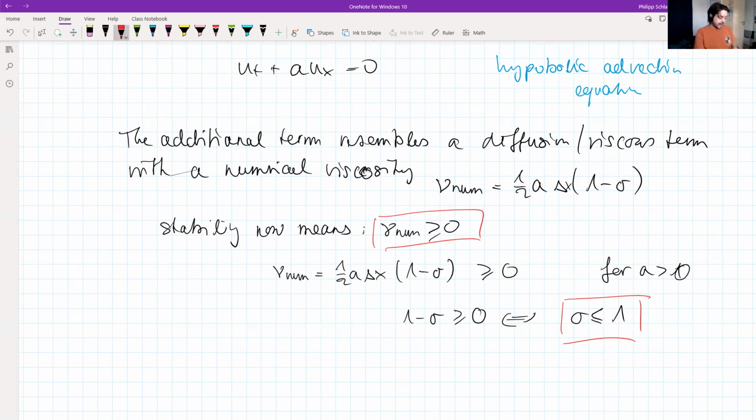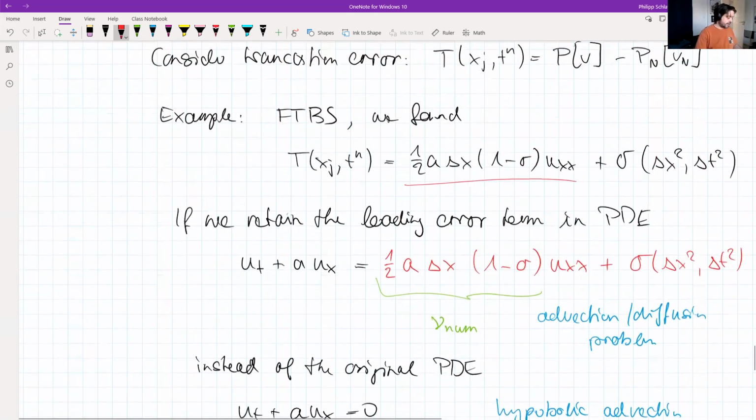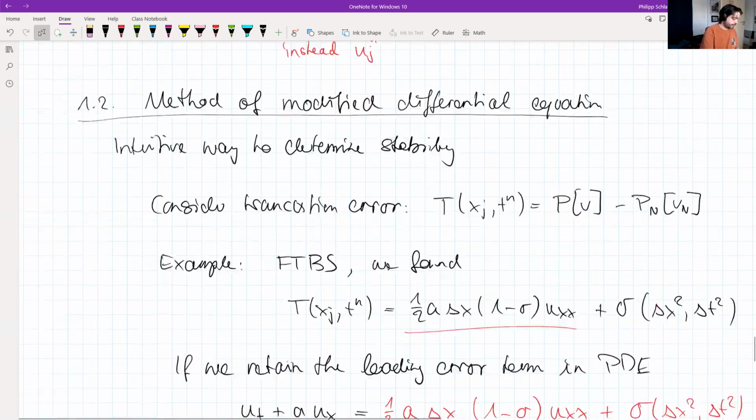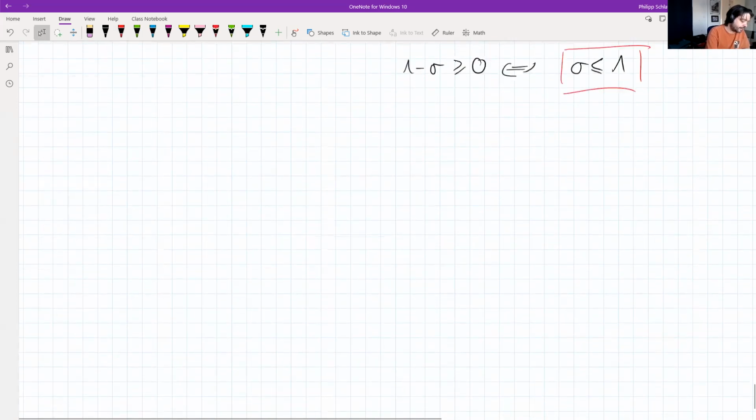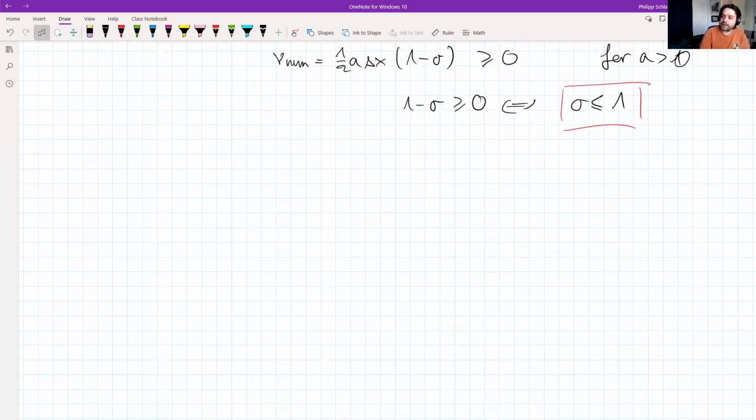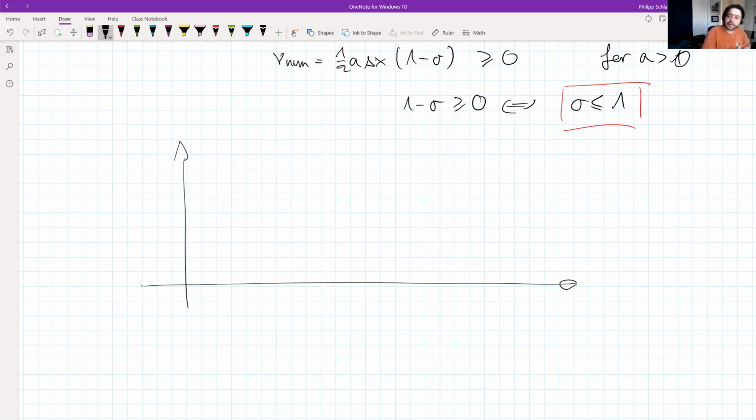Now, I introduced this method of the modified differential equation as an intuitive way to determine stability. But actually, it's not just that. It also gives me an idea of how my solution will look, because now I know that my solution is affected by a viscosity.